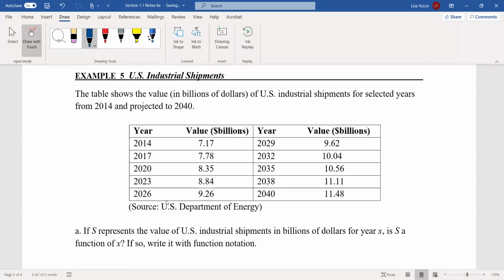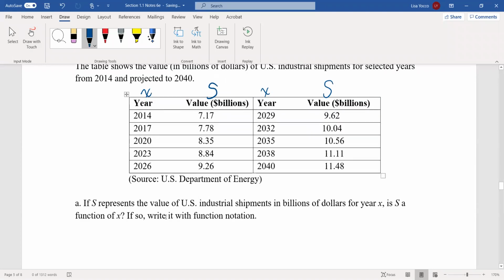It says if S represents the value over here for year X, is S a function of X? So it's the same rule as before. If S is a function of X, what does that mean?